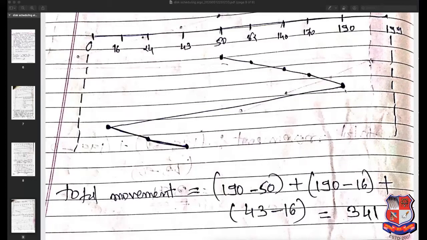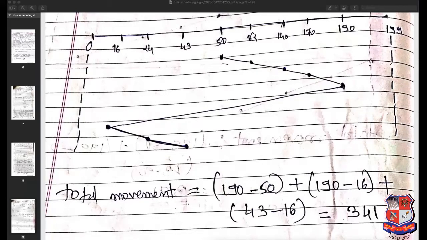And the circular look totally depends on the ends. In LOOK, the end value is the last request track in the same direction. If I consider this direction, the last request track is 190, so my end value is 190.